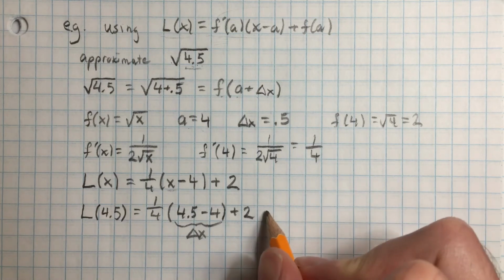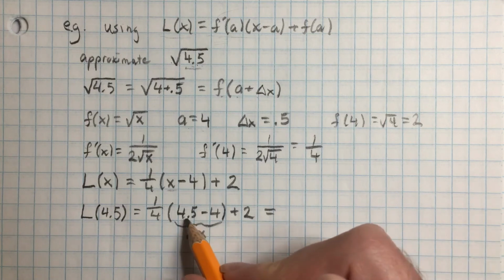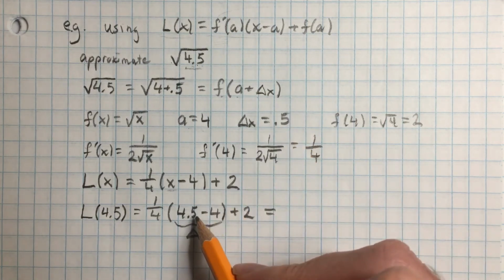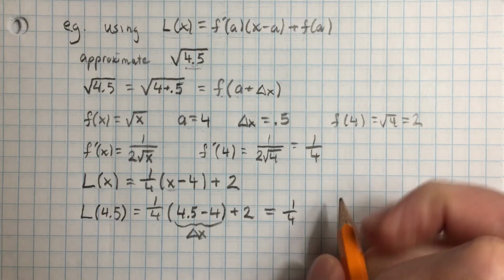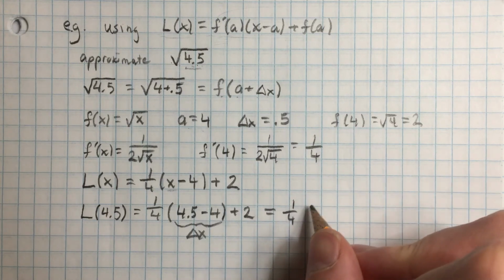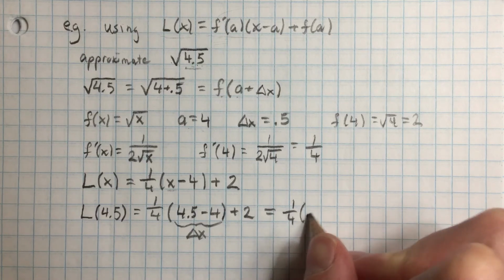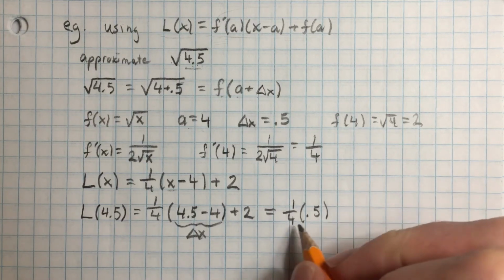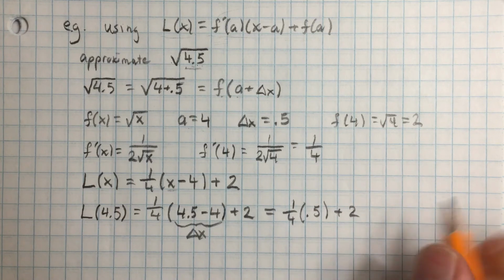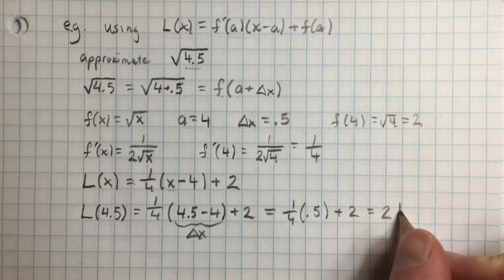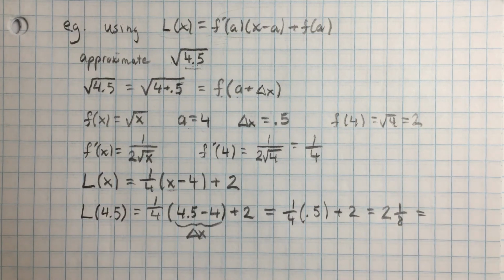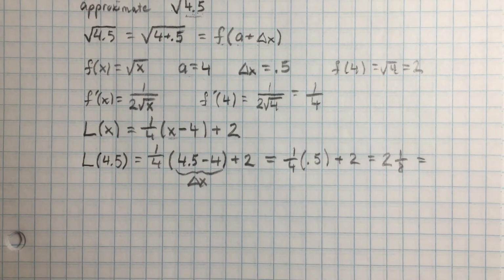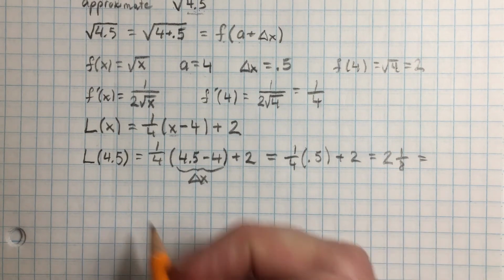All right, so to finish the computation, 4.5 minus 4 is, of course, the 0.5 delta x. 0.5 times 1/4 should be pretty obvious, right? It's just a half times 1/4, which is 1/8, and plus 2. So we see it's 2 1/8, which as a decimal would be 2.125, right? 1/8 is 0.125, if I remember correctly.